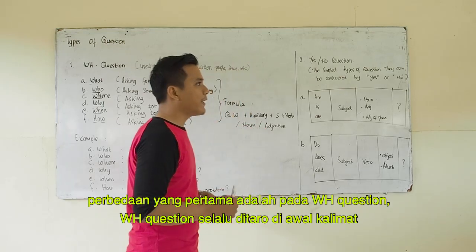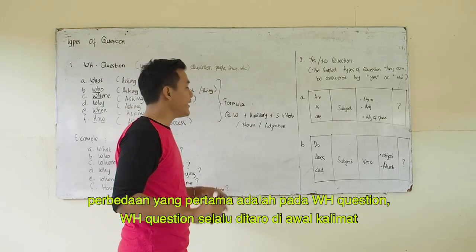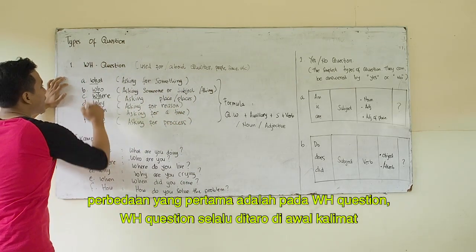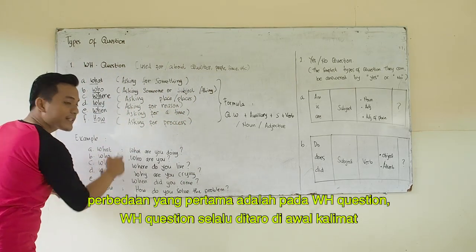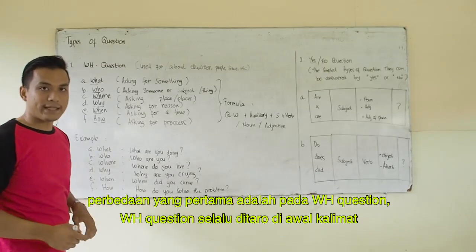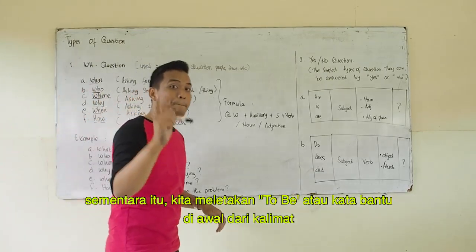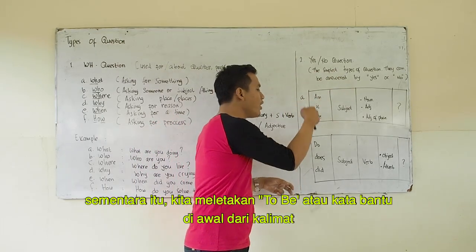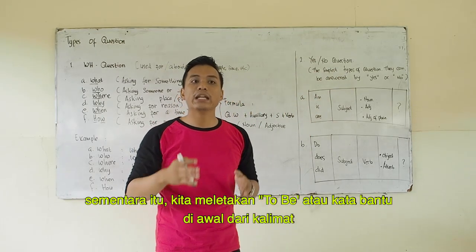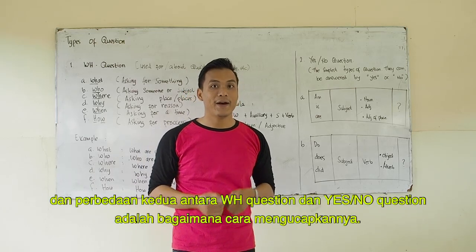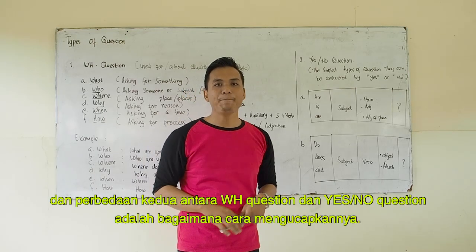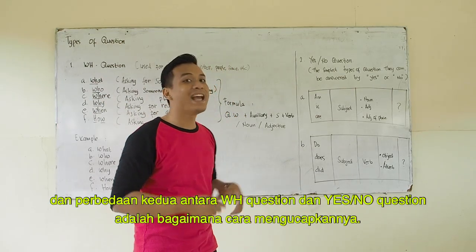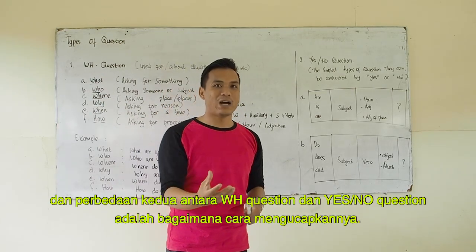Well, the first difference is that a WH question word is always put at the beginning of the sentence. Meanwhile, in a yes or no question, we put to be or an auxiliary at the beginning of the sentence. Okay? And the second difference between WH questions and yes or no questions is how to produce the sound.